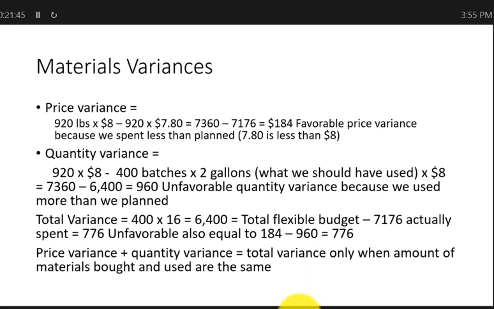But what we realize with materials is that you don't have to use all that you purchase. You can use less and put the rest of it in inventory, or use more by using inventory left over from the month before. So you have to see if that's the case before you add them together. If they aren't the same, then don't add the price variance and quantity variance together. Just deal with them separately.